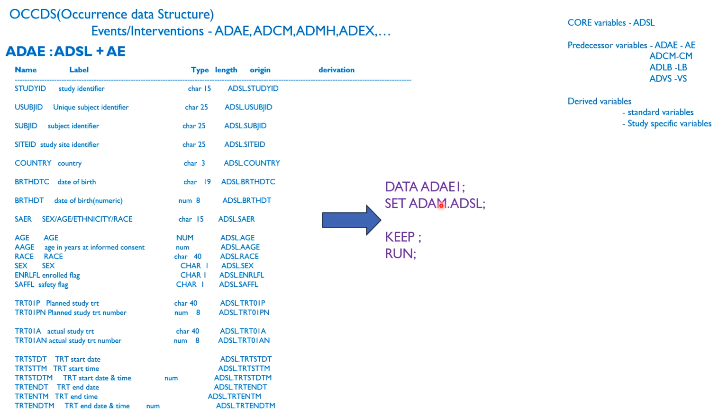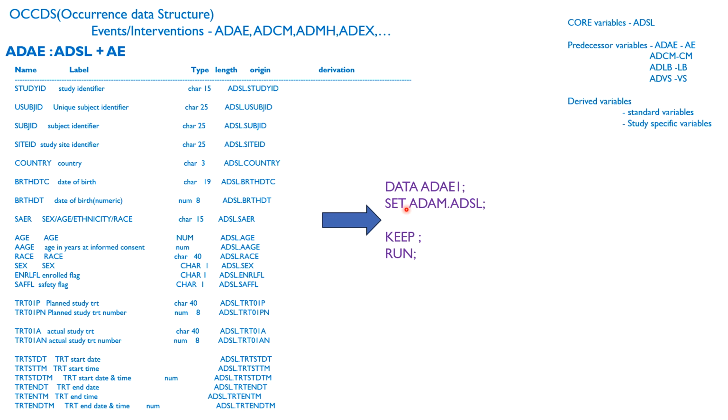For that, how are we going to derive? We have to write the code like data ADAE; set ADAM.ADSL. Whatever variables are required as per the study requirement and specification, we have to keep those required variables. So all the ADSL domain variables will come under ADAE.